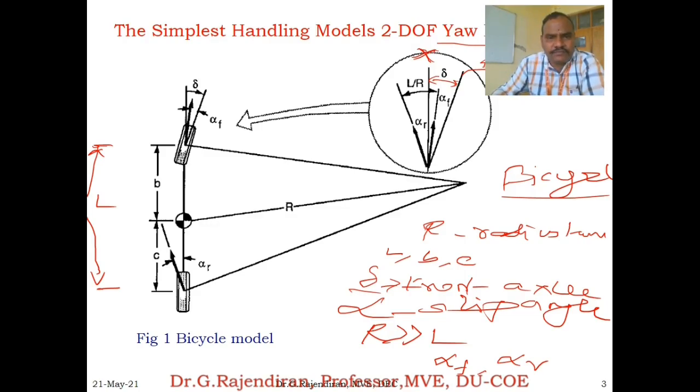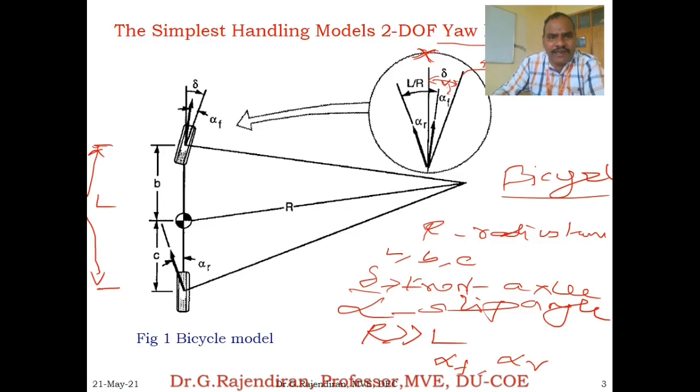Now the angle between the tire plane and the vehicle forward velocity, this is the vehicle forward velocity Vf.